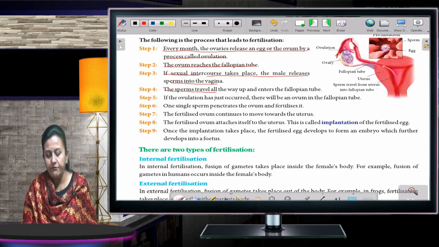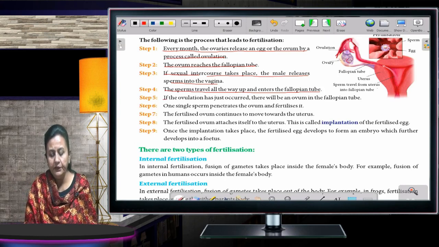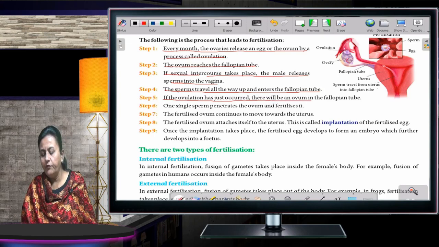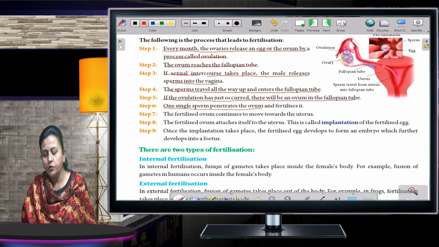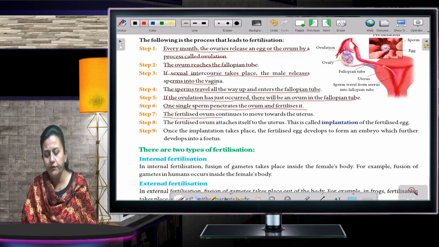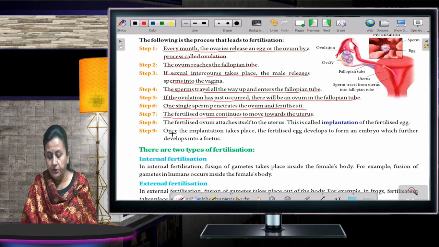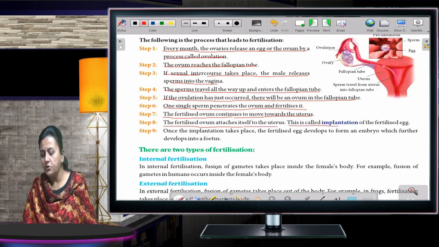The sperms travel all the way up and enter the fallopian tube. If ovulation has just occurred, there will be an ovum in the fallopian tube. One single sperm penetrates the ovum and fertilizes it. The fertilized ovum continues to move towards the uterus. Then the fertilized ovum attaches itself to the uterus. This is called implantation of the fertilized egg.